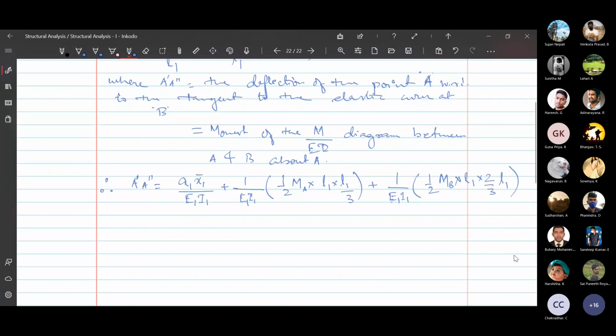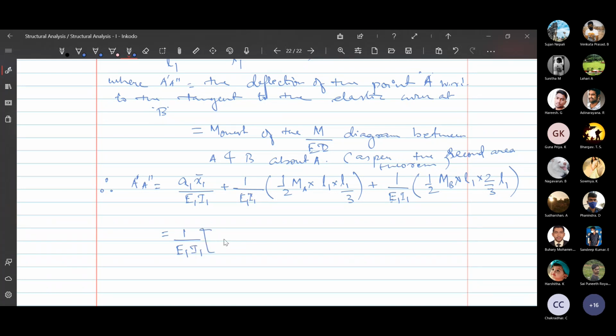Now from where did I get all these values? This is as per the second area moment theorem.